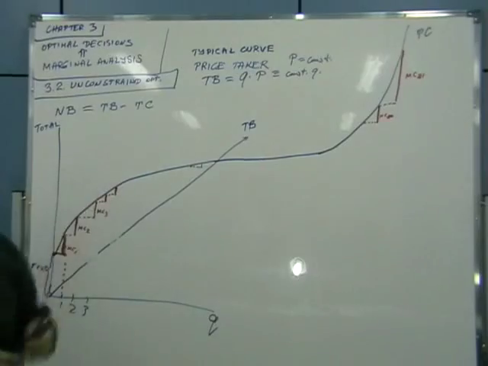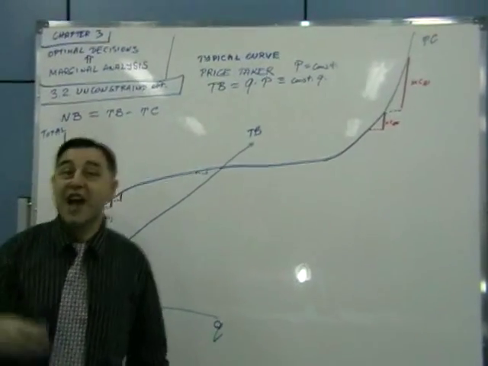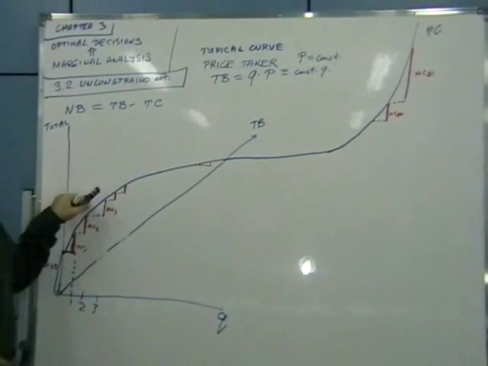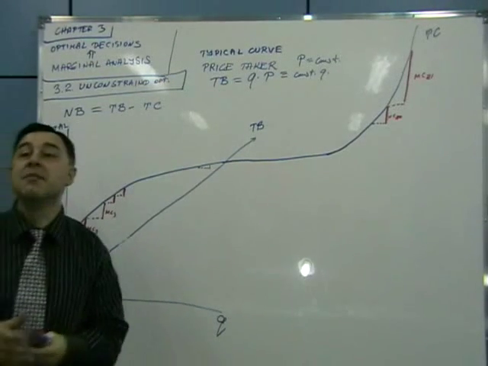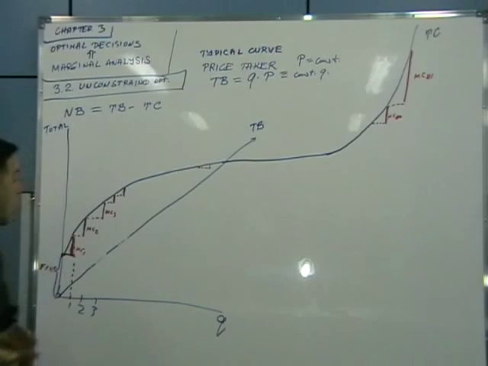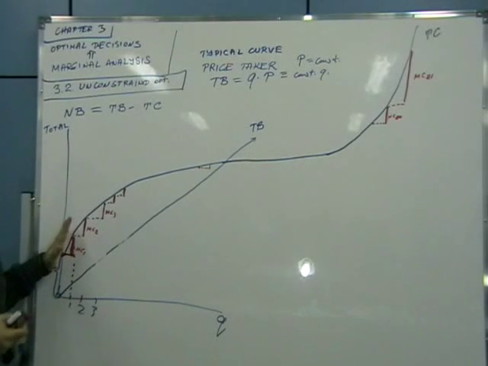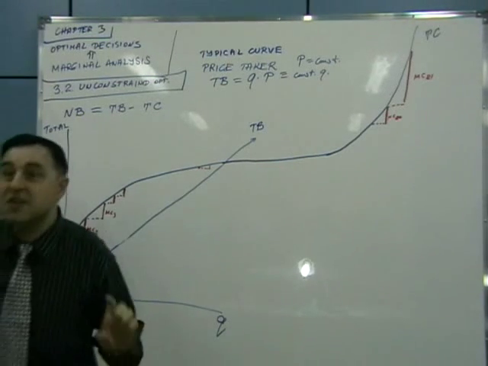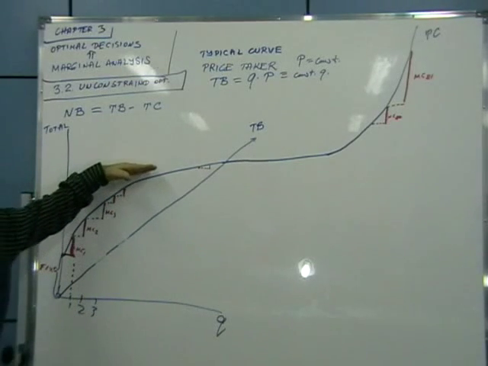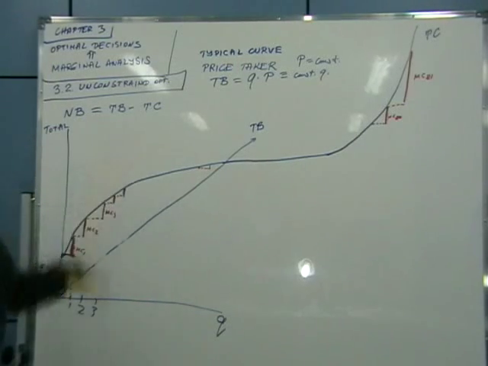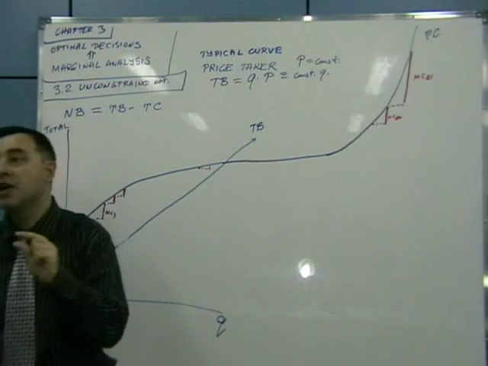So, this is the marginal cost. In other words, the slope of the curve determines the marginal cost. The slope of the curve. Steep slope means high marginal costs, and flat or relatively flattish slope means relatively low marginal cost.